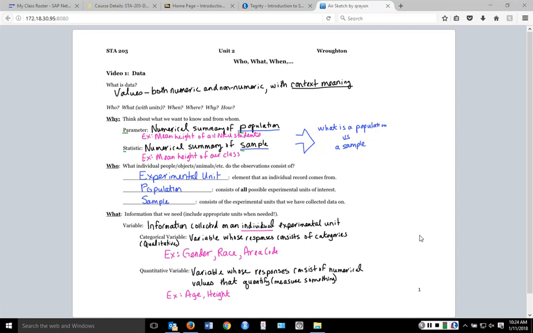I moved to Kentucky and my area code is now 859. So my area code more than doubled. But that doubling of my area code, that quantifying that number, doesn't actually mean anything to me. All area code does is tell you that I moved from Nebraska to Kentucky. So it's actually not a numerical measure that I'm worried about.